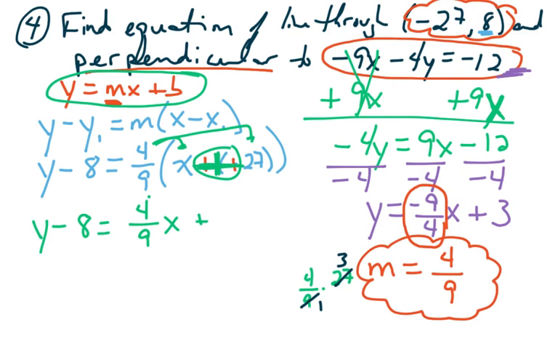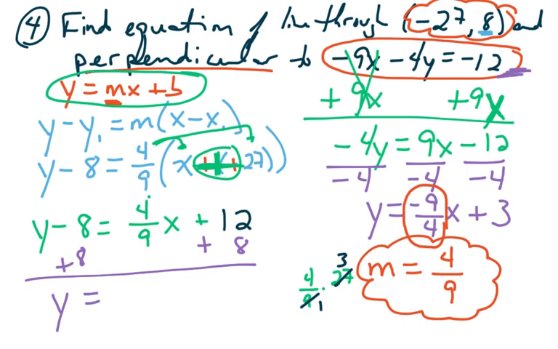And I'm just left with 4 times 3, which is 12. And then finally, we just have to add the 8 to the other side to get our answer in the correct form. Y equals 4/9 x plus 20 would be the equation of this line in slope-intercept form.